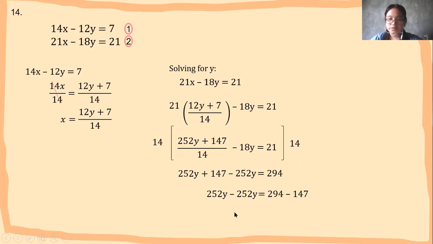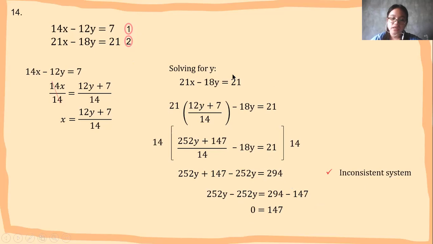Then subtract, so we have 0 is equal to 147. So we cannot find the value of y. This is an inconsistent system, meaning it has no solution.